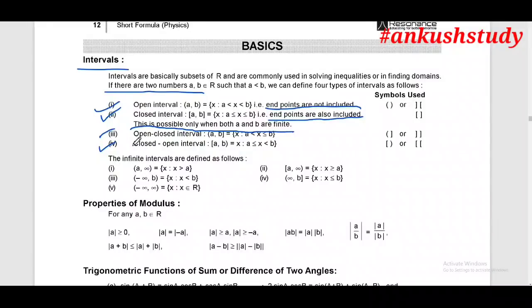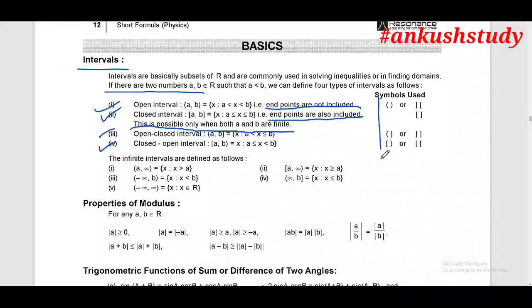Now the third one is the open closed interval (a, b], which is equal to {x : a < x ≤ b}. And the fourth one is the closed open interval [a, b), which is equal to {x : a ≤ x < b}.